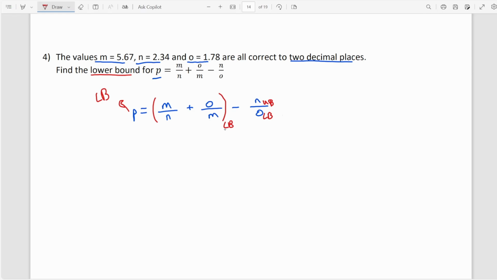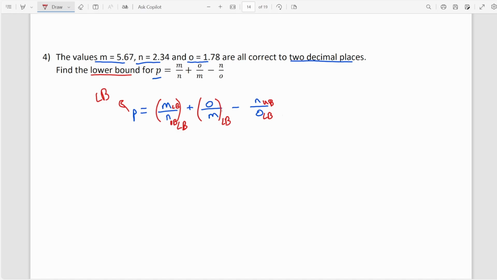Now let's take a look here. Now you want the lower bound for this overall expression. In this expression, the last thing you'll do is add. You'll divide and then add. So for addition, you want to achieve the lower bound, which means lower bound for both. So that's it. I will erase those big brackets over here. So you want the lower bound for m over n and the lower bound for o over m. Now for both m and n, they're being divided. So you would want the lower bound for m and the upper bound for n.